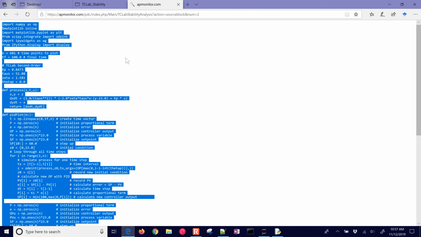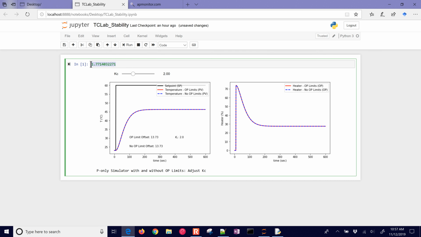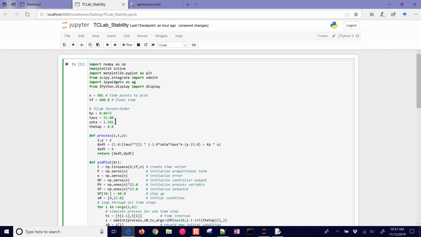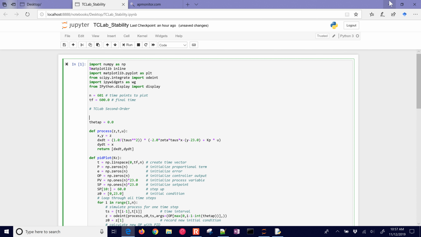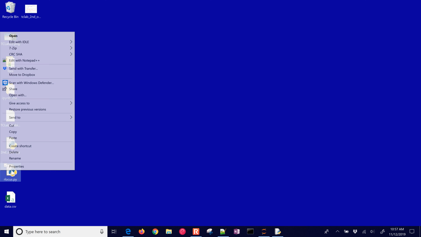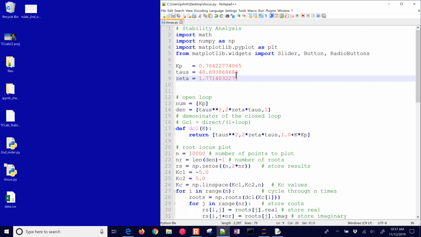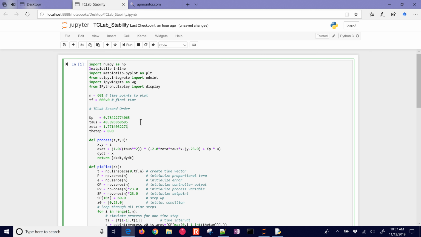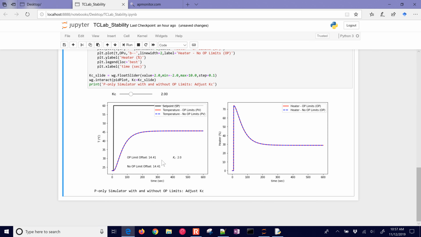It'll give it to you in raw format, and then you can just paste this into your notebook and replace these 3 values with the same thing that you did with the root locus plot. I'll grab those from the root locus plot, plug them into my Jupyter notebook and run this. This should give me a P-only simulator.